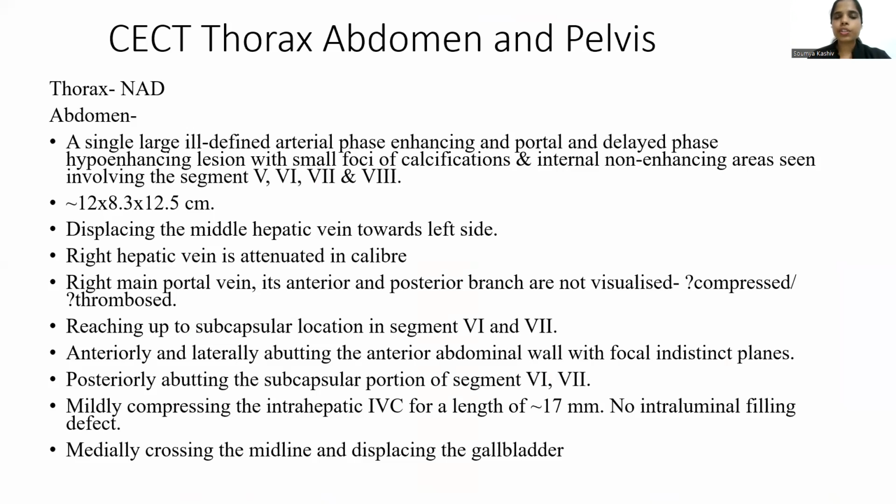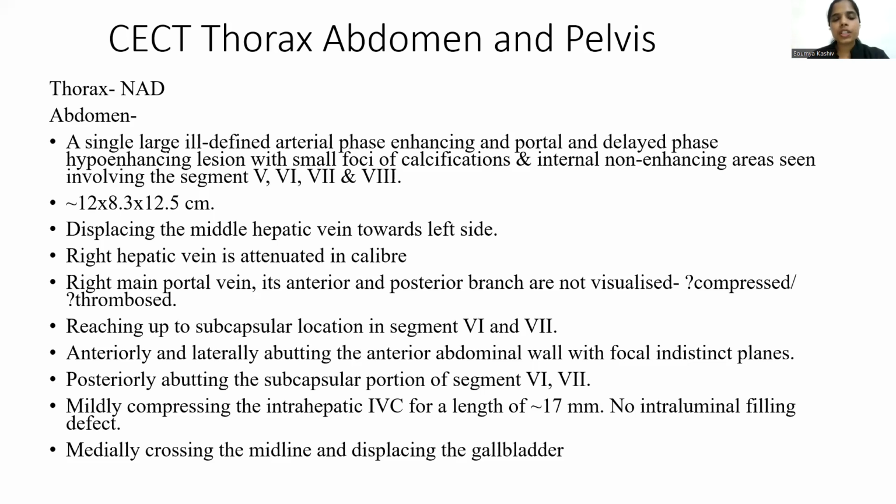The dimensions of the tumor were roughly 12 by 8 by 12 centimeters. The tumor was displacing the middle hepatic vein towards the left side. The right hepatic vein was attenuated in caliber. The right main portal vein and its anterior and posterior branches were not visualized.